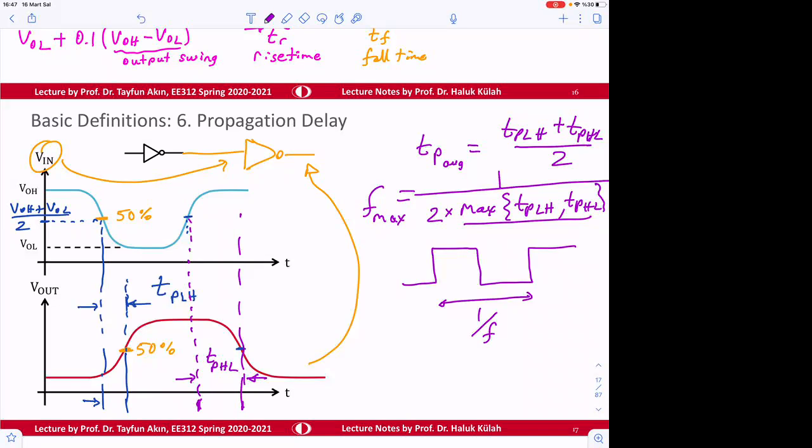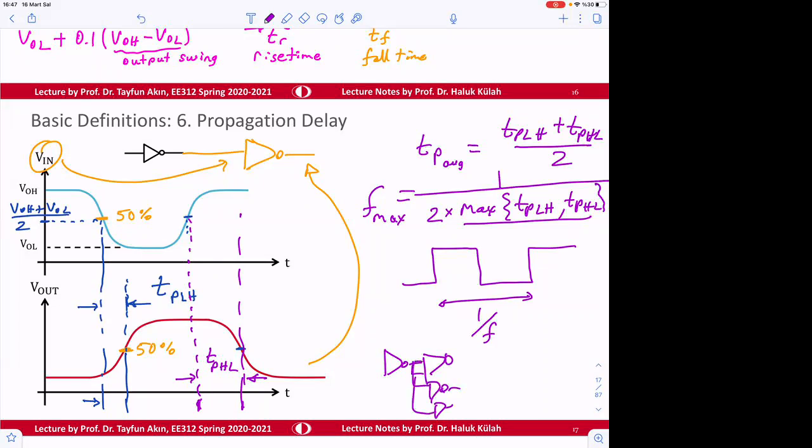Yes, of course, because the circuits don't operate properly if you operate them faster. So therefore, you should consider these. But maybe some part of the circuit is operating properly, while in another part of the circuit, let's say you connect 10 of these, right? I mean, 10 gates, this one, this one, this one, right?